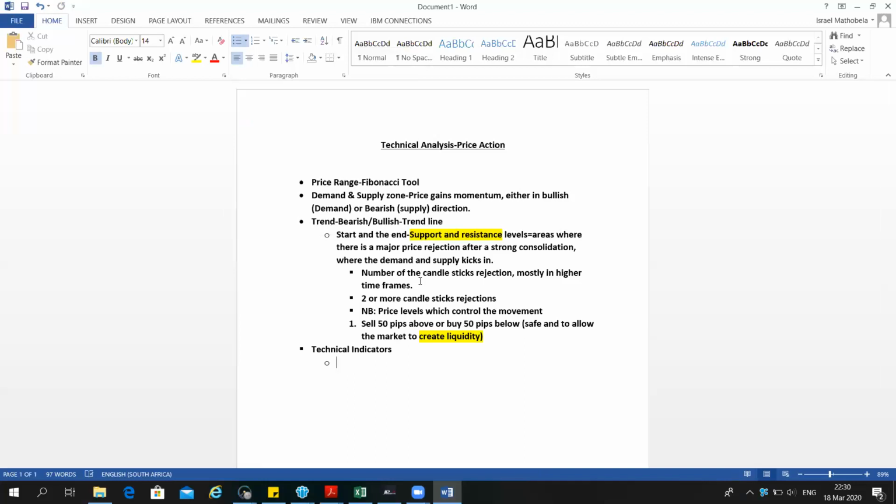You need to understand them in a more reasonable way. So I would urge you guys that you may only apply technical indicators when you're sure of what you are doing, right? It's really advisable that way.